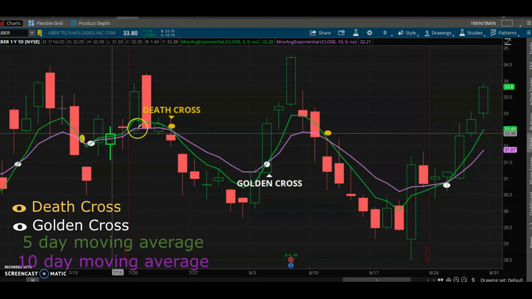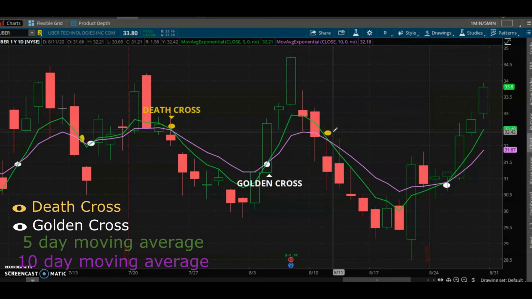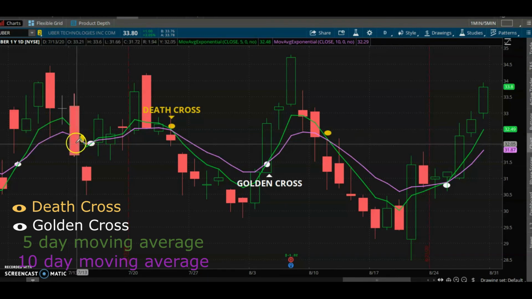So where you see the yellow dots, you can see these are points at which we have the death cross, or points at which the smaller moving average, the 5-day, crosses below the 10-day moving average. Now, if we look at the point at which the death cross occurs, price action moved down.